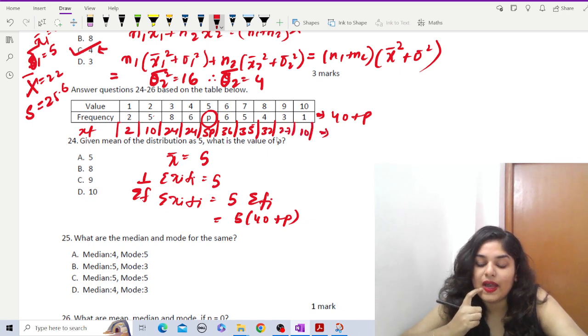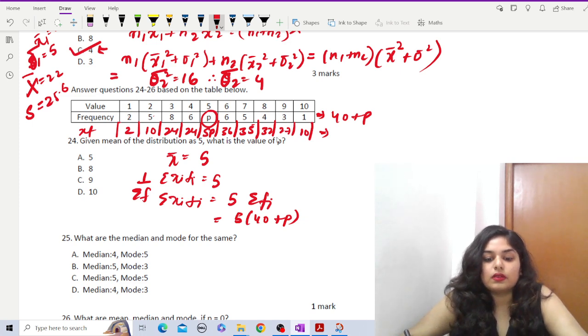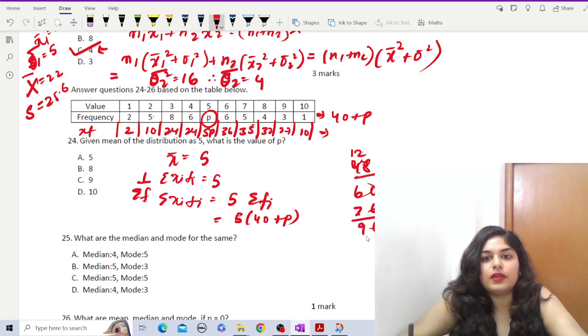If you add it, you will get 2 plus 10, 12, 12 and 24 is 36, 48, 48 and 10 is 58, 60, 60 and 36 is 96, 96 and 35 is 131, and so on.